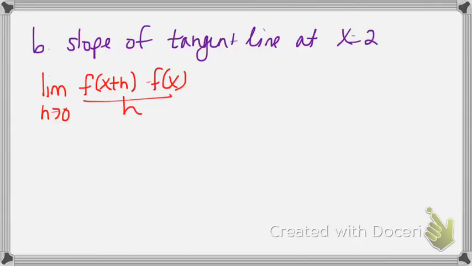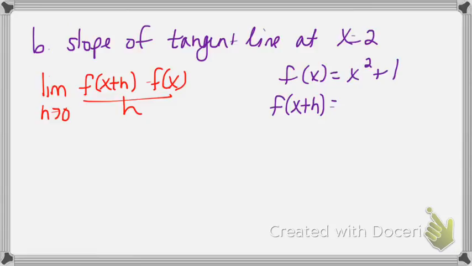And our function again was f of x equals x squared plus 1. So I'm going to figure out what f of x plus h is, which means I'm going to plug that in. I'll go ahead and work it out. x squared plus, remember the outside and the inside makes 2xh.